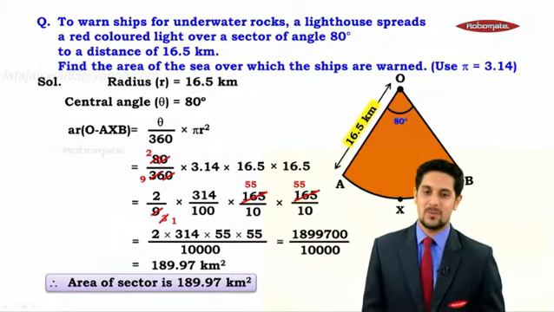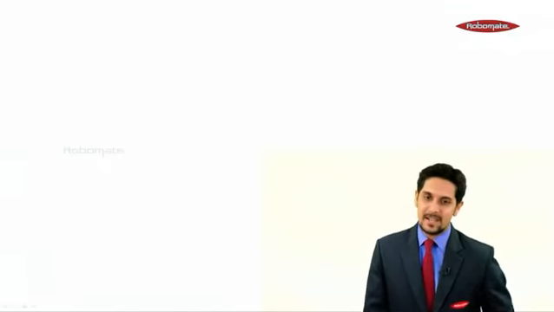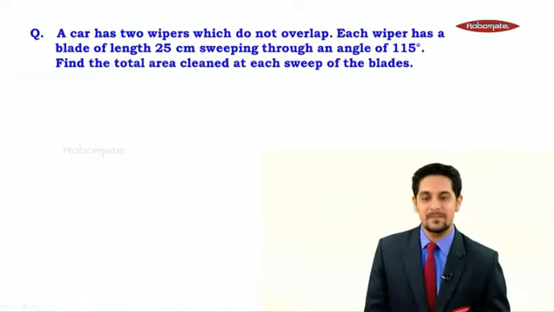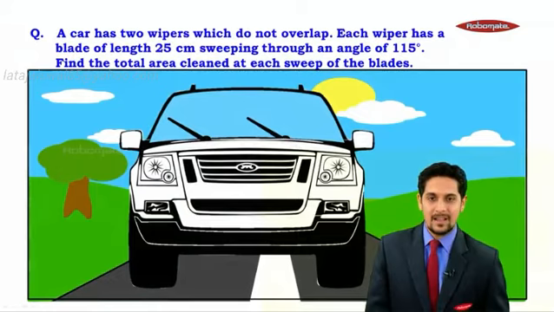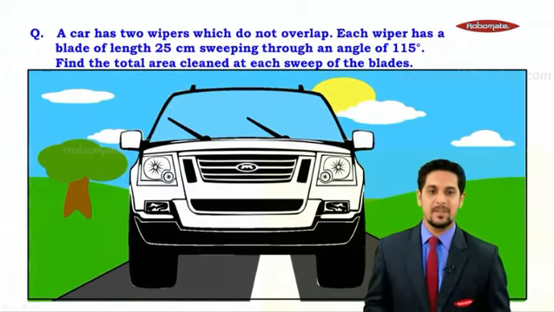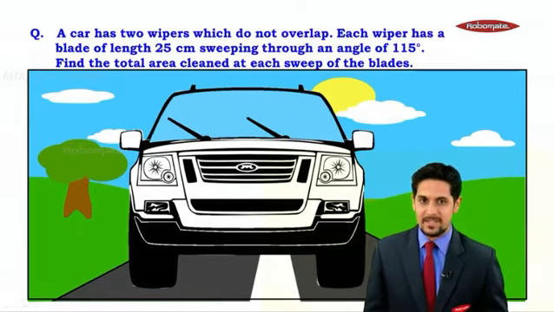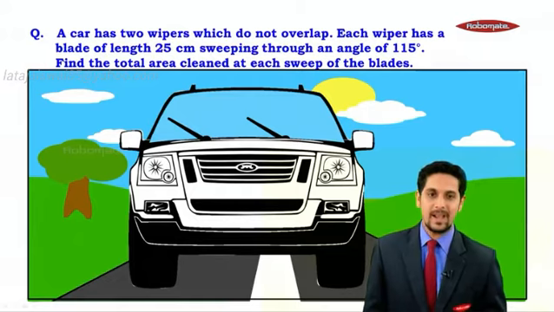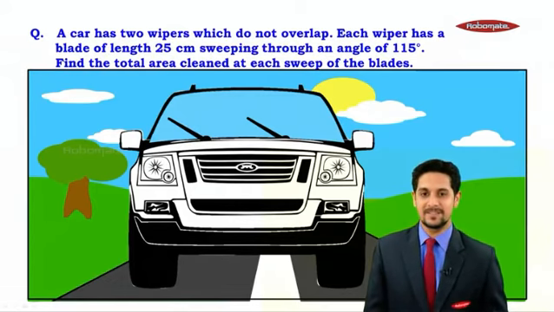So students, we can say that the area of this sector is 189.97 kilometers square. Students, let us understand one more easy sum, which says a car has 2 wipers which do not overlap. Each wiper has a blade of length 25 centimeters sweeping through an angle of 115 degrees.